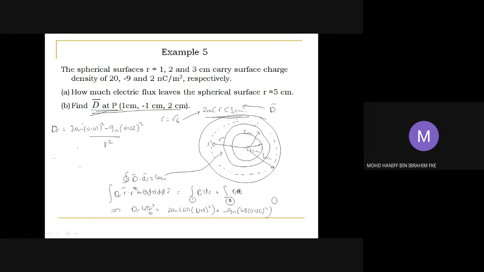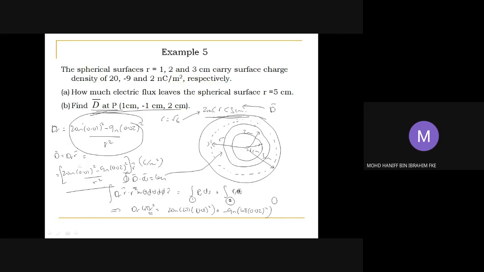Knowing that the vector D equals D_r in the direction of r, the vector D is 20 nano 0.01 squared minus 9 nano 0.02 squared divided by r squared, direction of r, in coulombs per meter squared.